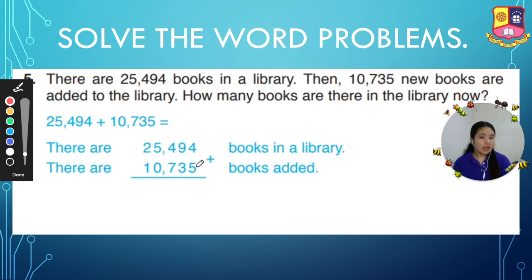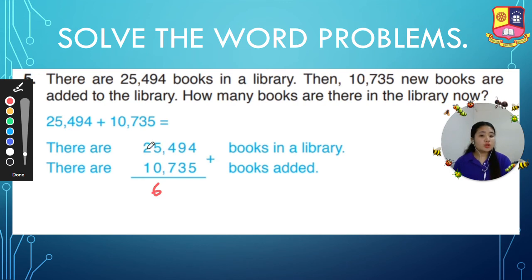4 plus 5, the answer is 9, correct. 9 plus 3, the answer is, okay, that's 12. So we put 2 here, we put 1 here. Then 1 plus 4, that is 5, plus 7, that is 12, correct. Carry 1. Then 1 plus 5, that is 6, plus 0, the answer is still 6.